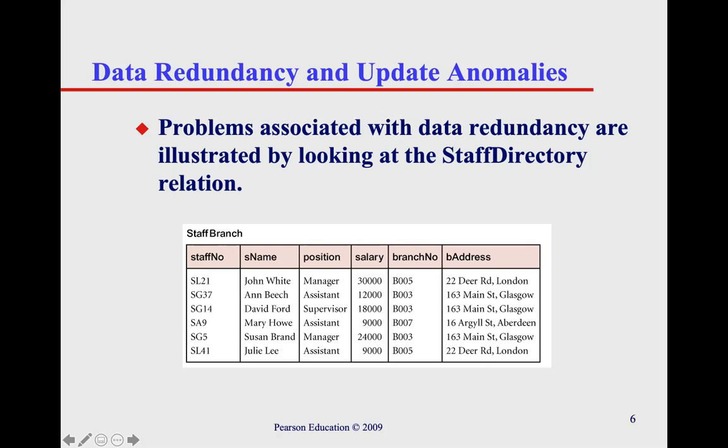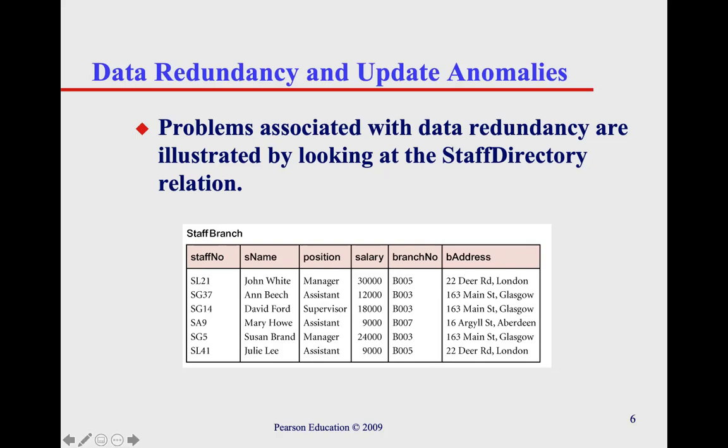But if this is the only place where we're keeping branch information, we have no way of inserting an empty branch into this relation because the staff number can't be null. It's the primary key. And if you remember, entity integrity says that a primary key can't be null.